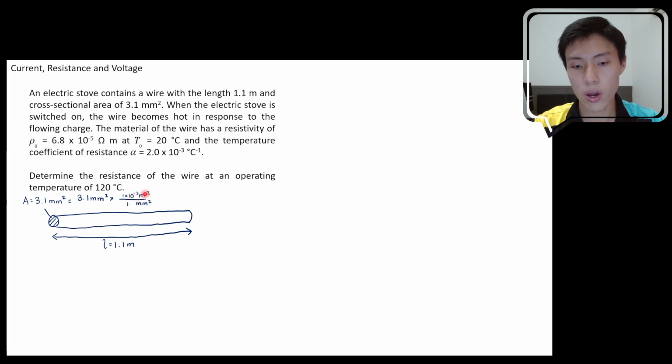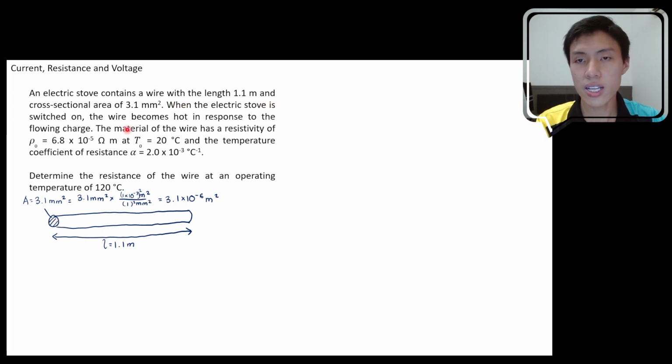But there's a square over here, which means you have to square the whole thing. So if you calculate it, I believe you get 3.1 times 10 to the power of negative 6 meter square. So this is the cross-sectional area of this wire over here.